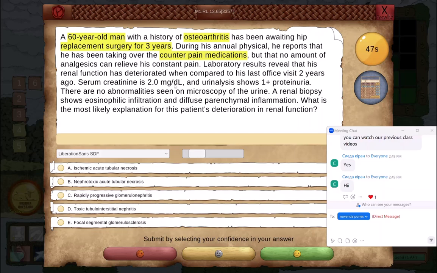Serum creatinine is 2 milligrams per deciliter, and urinalysis shows +1 proteinuria. There are no abnormalities seen on microscopy of the urine. A renal biopsy shows eosinophilic infiltrates and diffuse parenchymal inflammation. What is the most likely explanation for this patient's deterioration in renal function?